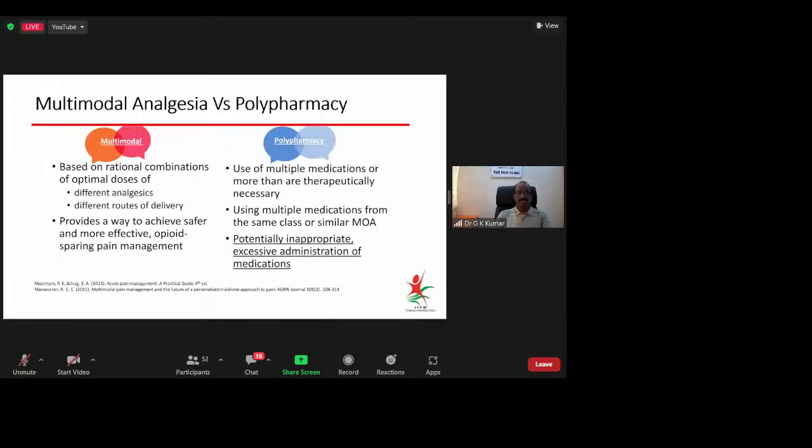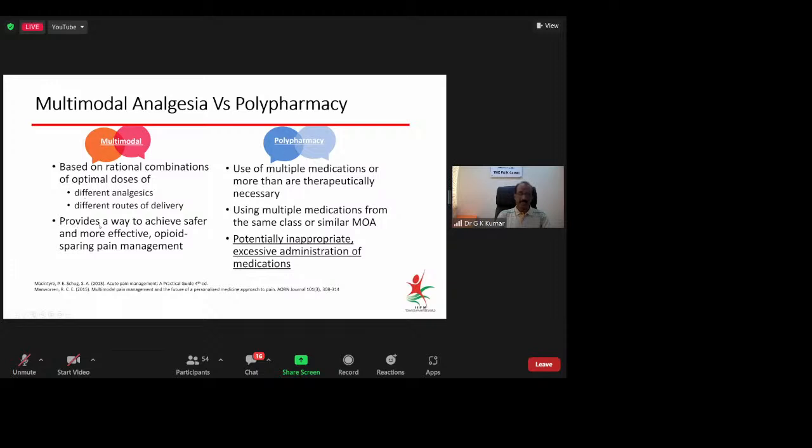Then we have to differentiate between multimodal analgesia and polypharmacy. This is the most important thing, especially for postgraduates. Multimodal is based on the rational combination of optimal doses of different drugs with different mechanisms. Whereas the use of multiple medications more than therapeutically necessary is called polypharmacy.